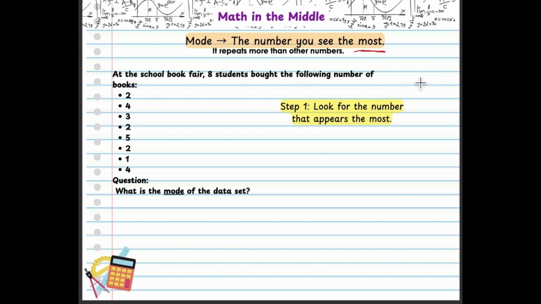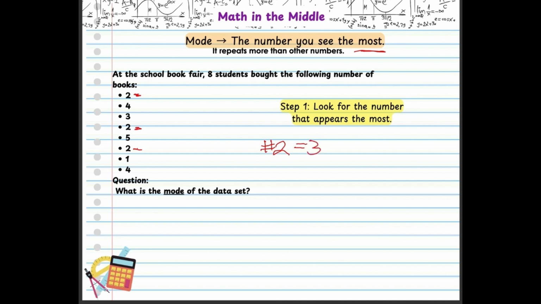So let's take a closer look at it. So we have a 2 here, a 2 here, and a 2 here. So the number 2 shows up 3 times.